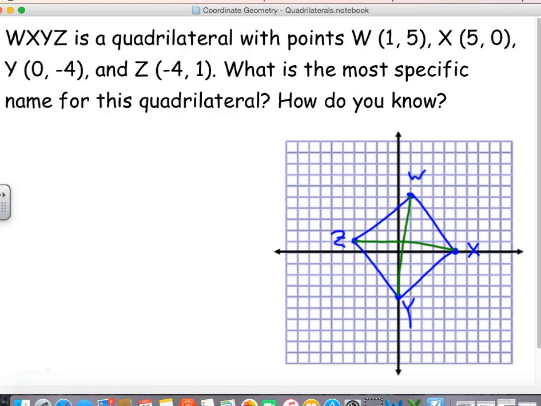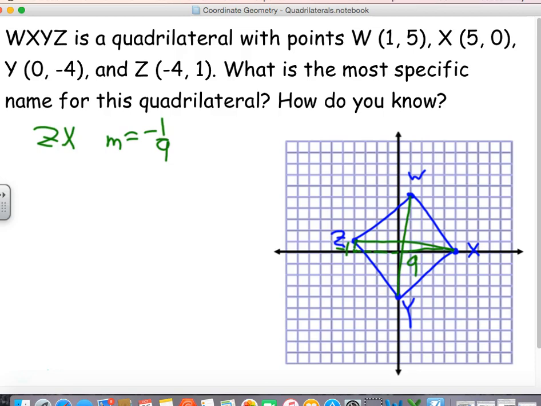To find the slope, I'm going to count rise over run. It looks like I rise -1, and I run 1, 2, 3, 4, 5, 6, 7, 8, 9. So for the diagonal ZX, my slope is -1 over 9.